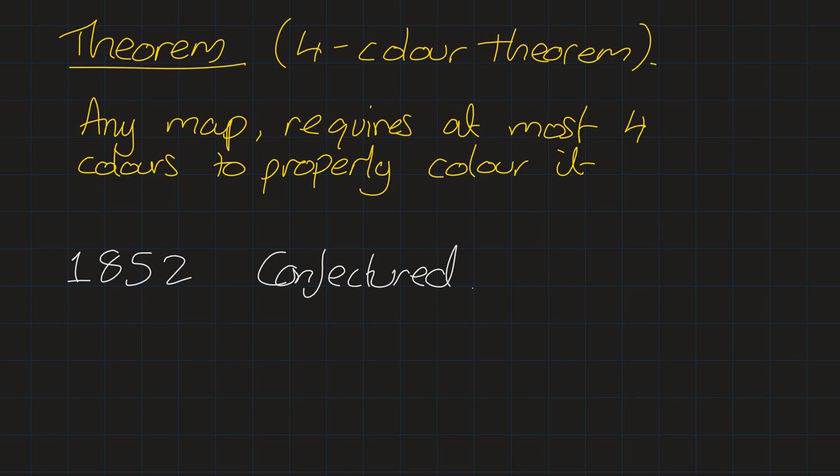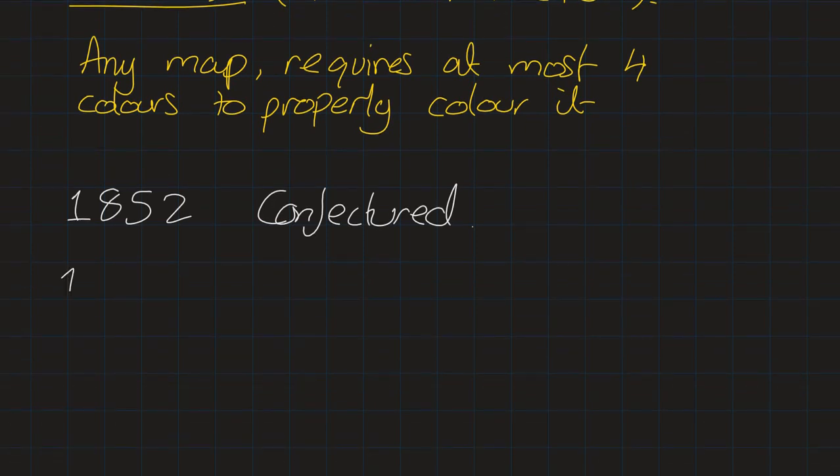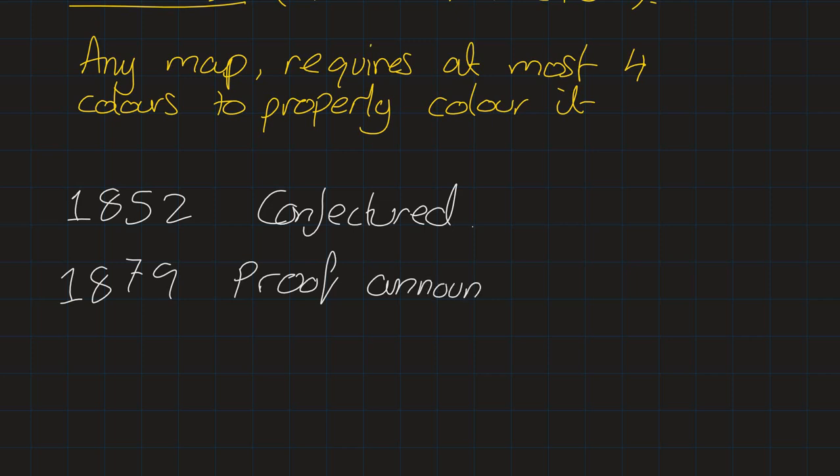So that means, in 1852, someone was like, hey, I think this is probably true, but I can't prove it. Okay? And then it took until 1879 when someone announced a proof. So it took like 27 years until someone announced a proof.